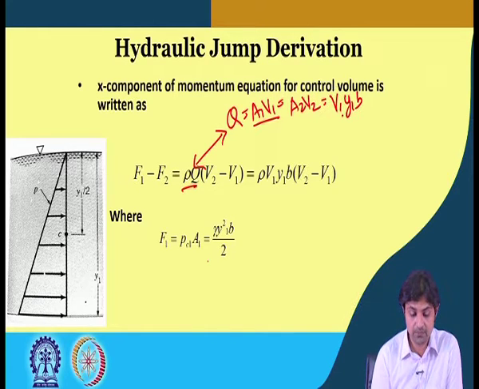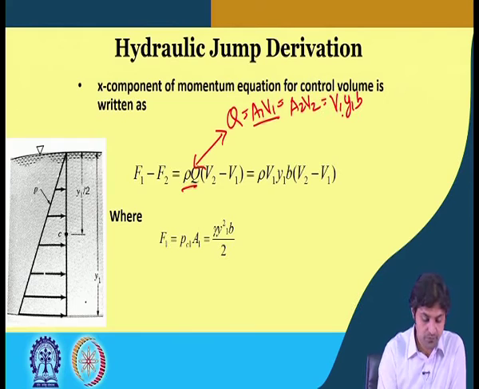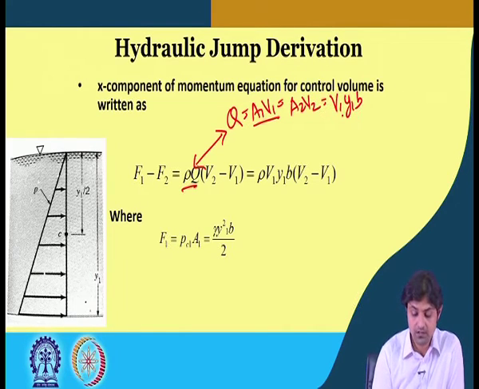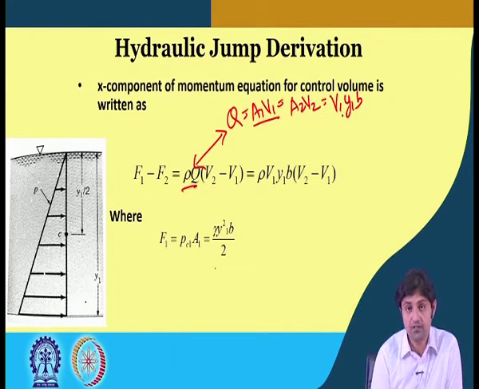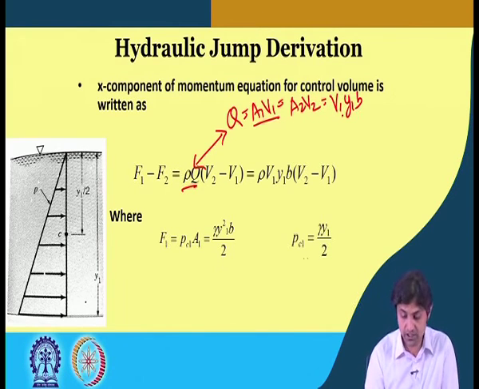All right. You see here, half base into height. So, F1 will be gamma Y1 square B by 2, because the pressure at C1 is gamma Y1 by 2.